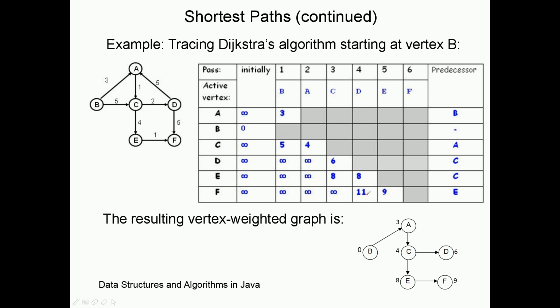So this F now is 11 coming from D. From E, it costs us 8 to go from C, but now from E to F it costs us 9. So on F, the cost is 9, and it's coming from E.